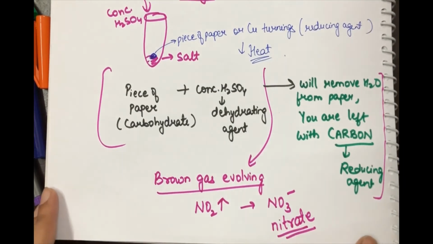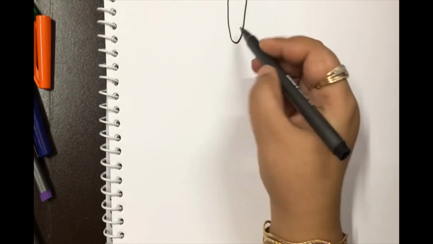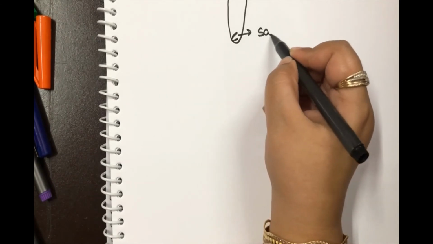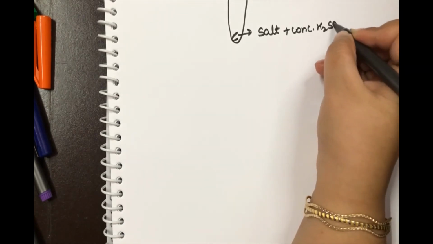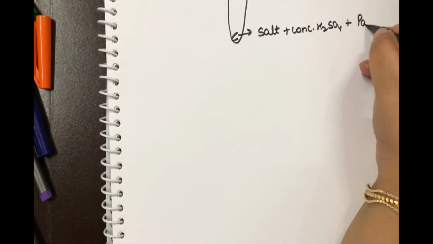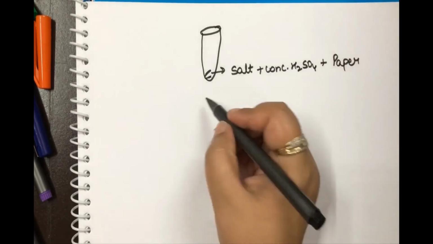Now there is another confusion which a lot of children face. You had this test tube, it had your salt, plus your concentrated H2SO4, plus there was a piece of paper that you added, and then you heat it.